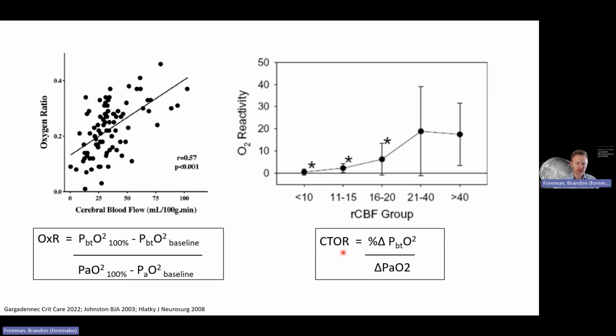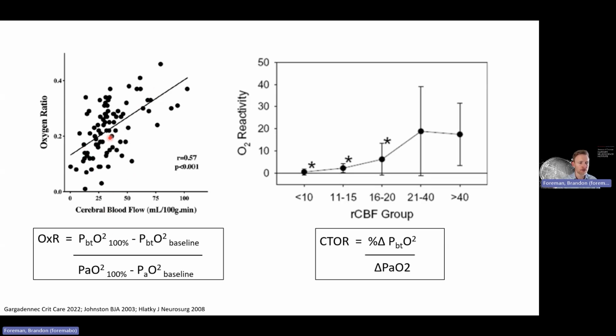Either way you measure this, there have been a couple of studies, one in which CTP or perfusion computed tomography was used to show a fairly linear relationship between the response of the brain tissue oxygen to an increase in FiO2 based on cerebral blood flow.